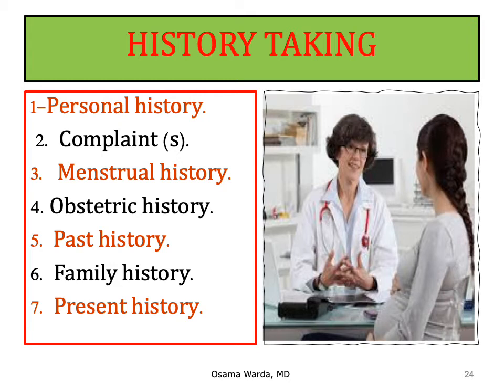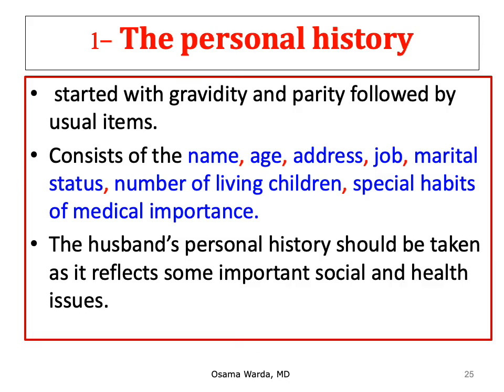So we can say prime gravida named, aged, but you should start with gravidity and parity. Then complaint, menstrual history, obstetric history, past history, family history, and finally the present history.